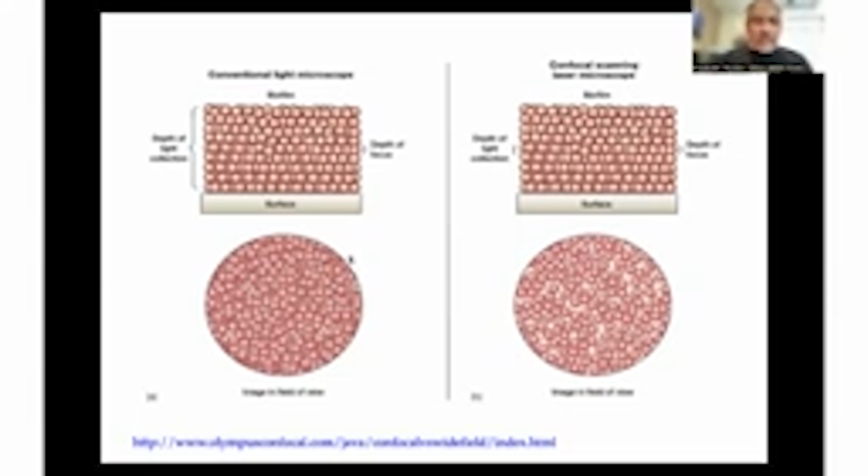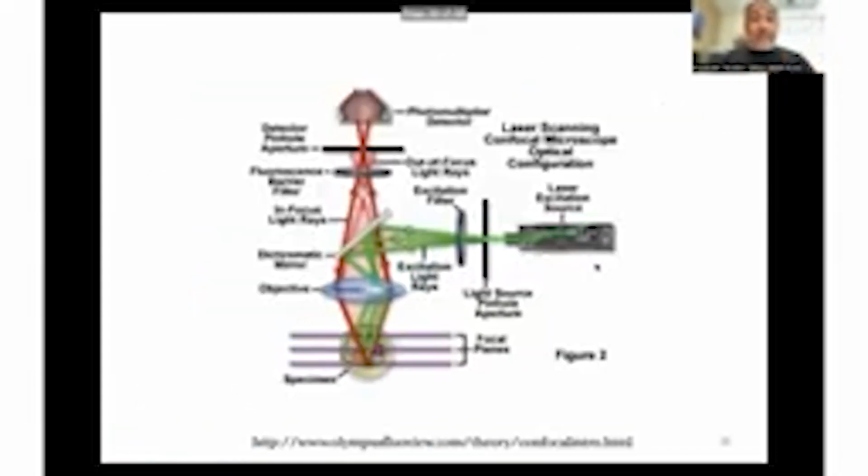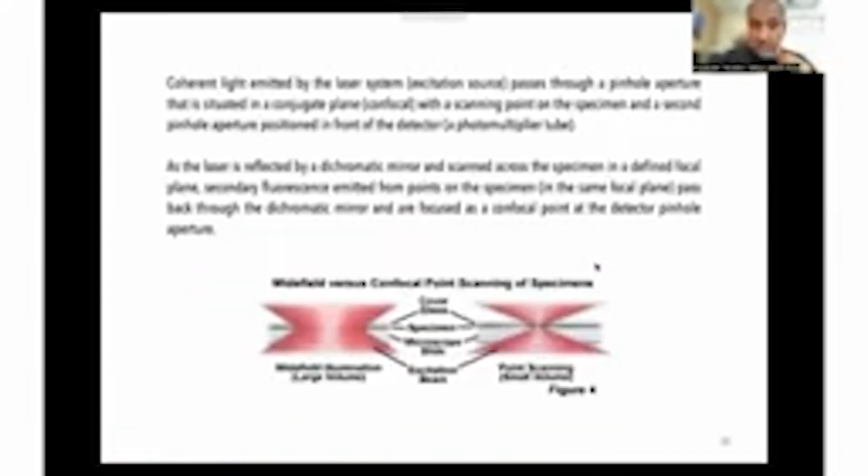So if the depth of light collection is also restricted, you can see that what you're seeing has been dramatically clarified, because light coming from above or below is no longer collected. So this makes visualization really interesting and really clear in ways that would not be possible otherwise.